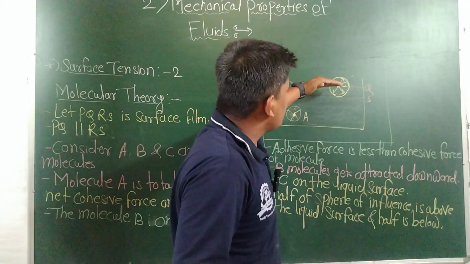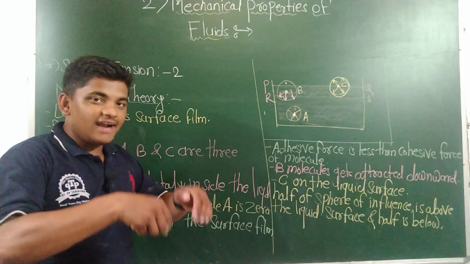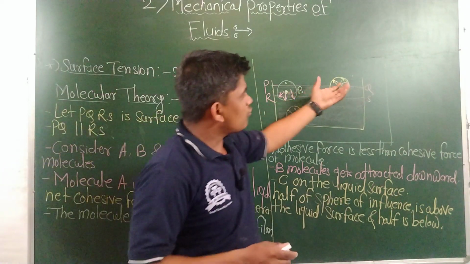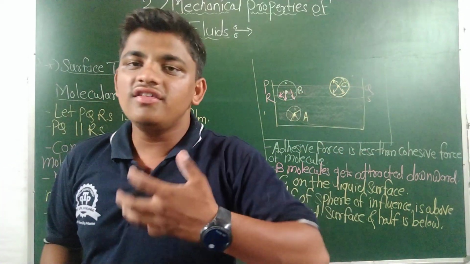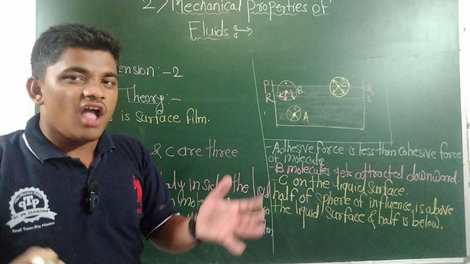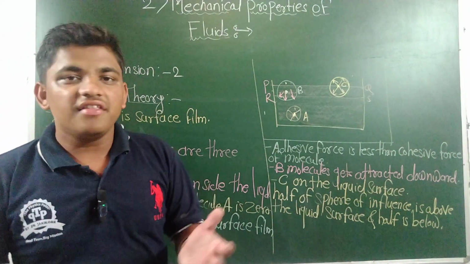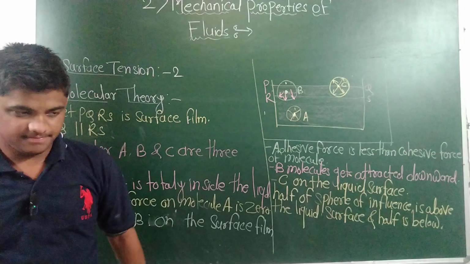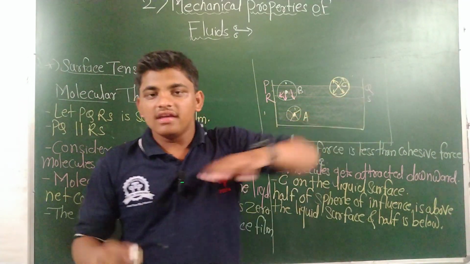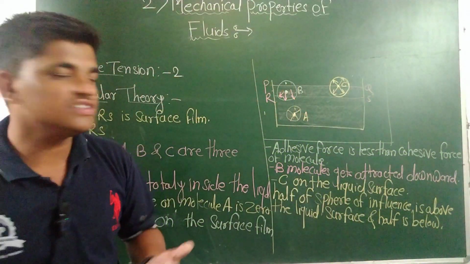Okay, so this force of attraction is again in the downward direction and the cohesive force is more. Because of this, the molecules of liquids minimize their surface, that is, the total number of molecules on the surface film tries to minimize, and the surface film remains under tension. This tension is called surface tension.